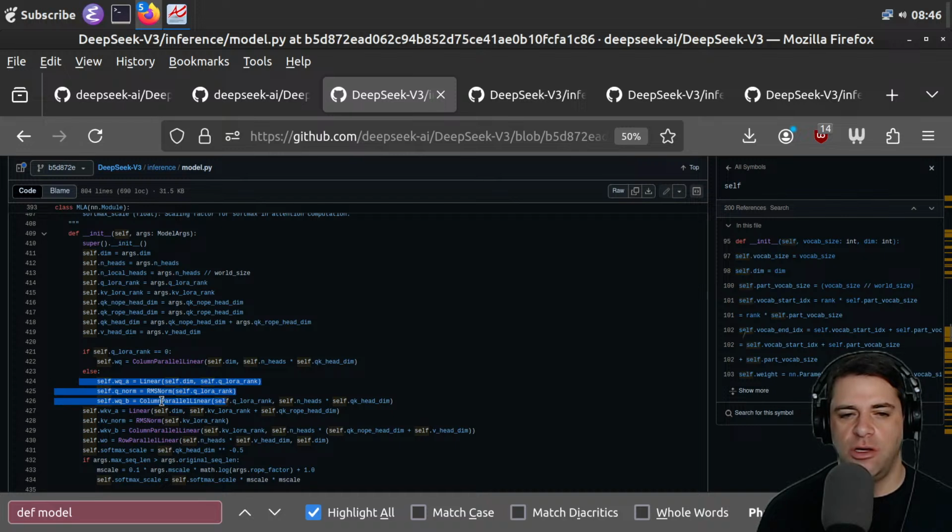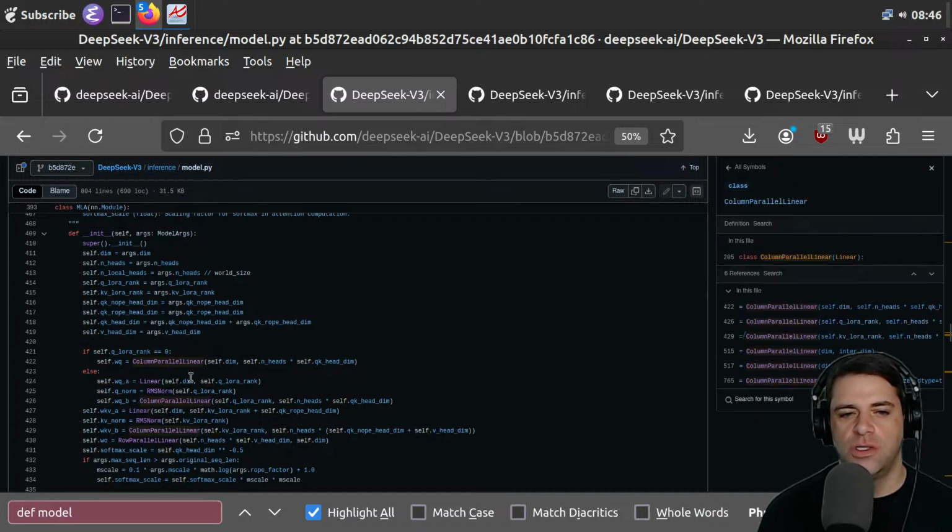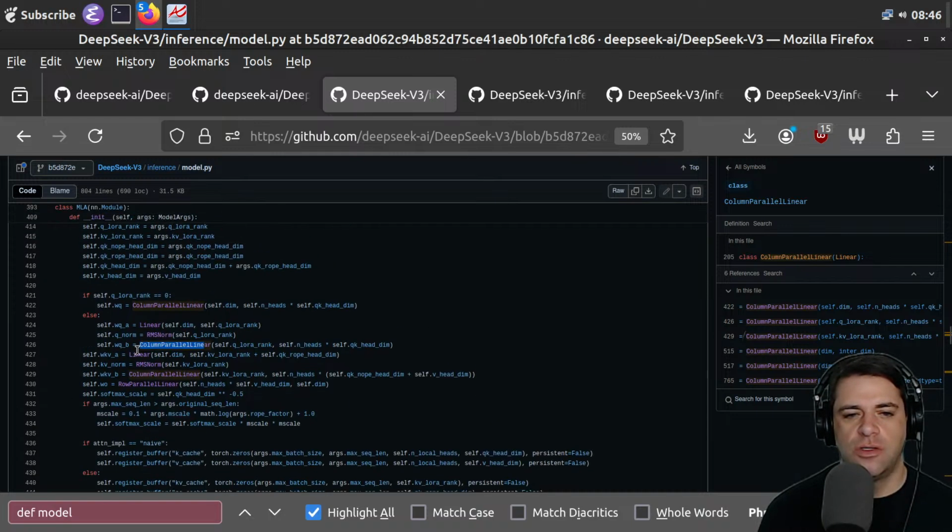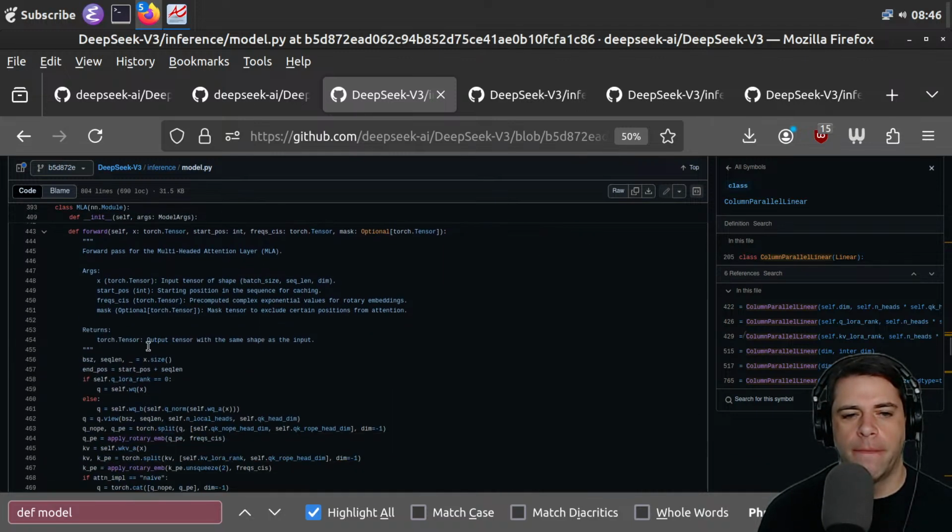Otherwise, you have a linear WQA. We take RMS norm. I think these are defining functions. So WQA is a linear transformation, I think. The Q norm is RMS norm. And then WQB is, in this case, column parallel linear of something. And these are just defining what these implementations are. Let's look at the forward pass.